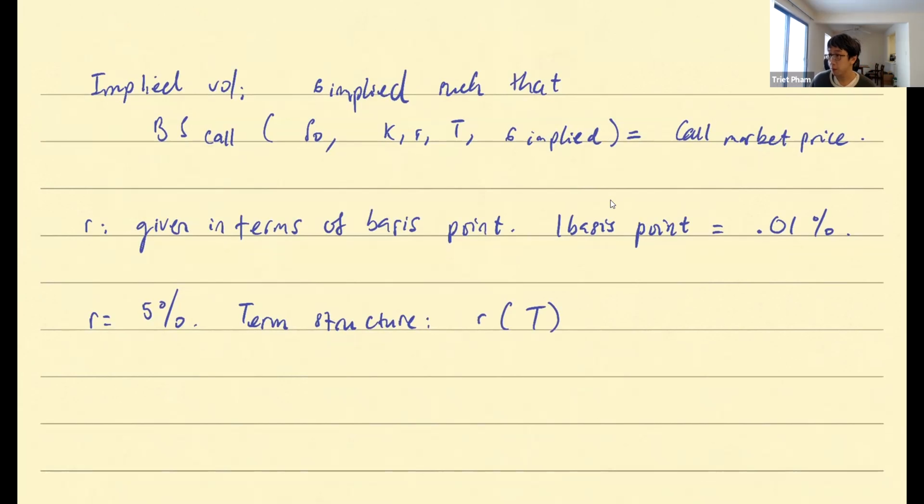For example, if you buy a 30-year bond, then the interest rate available to you annually should be higher than if you buy only a 10-year bond. For one thing, R is always quoted annually, so that you don't compare apples to oranges. But second, for different terms to maturity, you have different R.